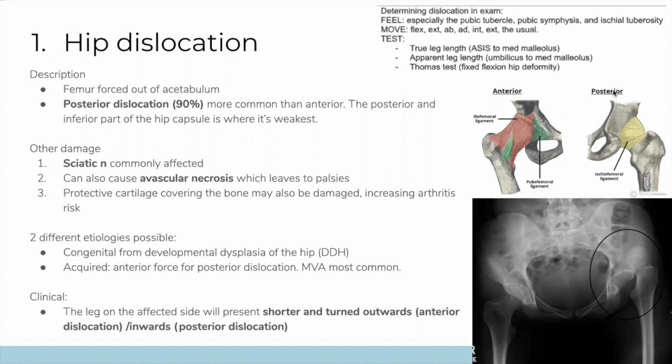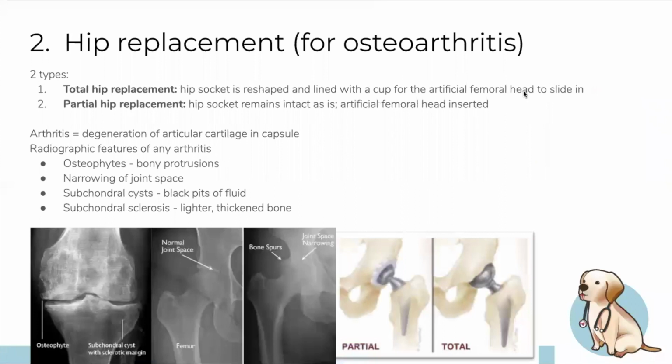You can test the true leg length and apparent leg length, which is basically like you measure the leg, and also the Thomas test to see if the acetabulum is displaced.